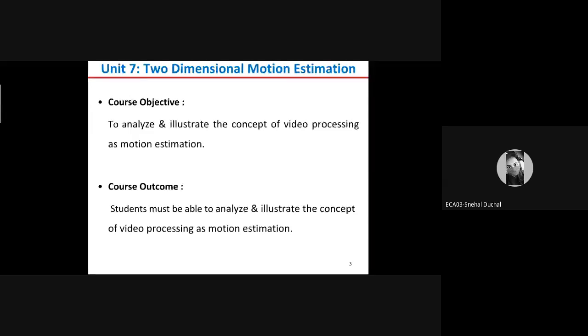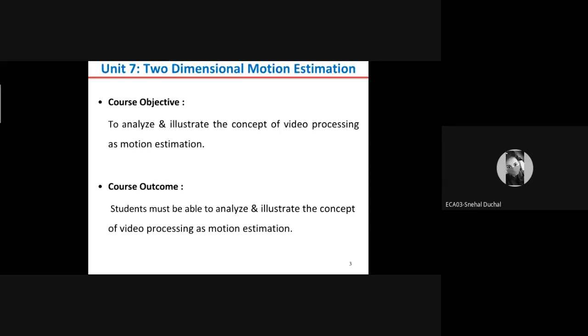In unit number 7, we study the various types of motion-related concepts. In order to study the various video processing techniques, we need to understand what a video is and what motion estimation is. So we include unit number 6 and unit number 7.